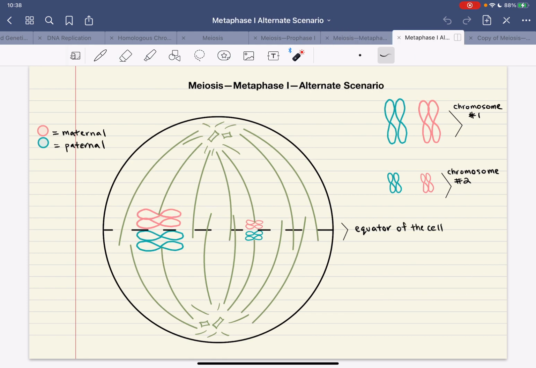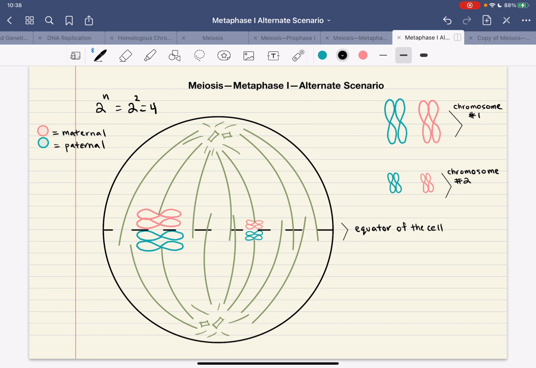So, in my simplified example, you can actually calculate the number of gametes that are unique that you can produce. And it's basically 2 to the n power, where n is the number of homologous pairs. So in this example, it's 2 squared. We can make 4 different types of gametes.